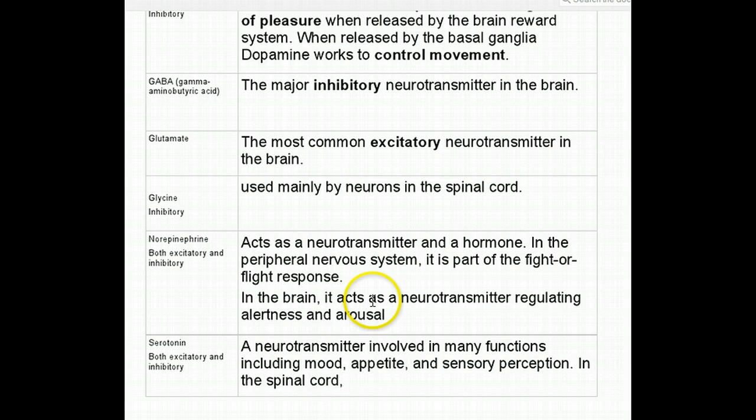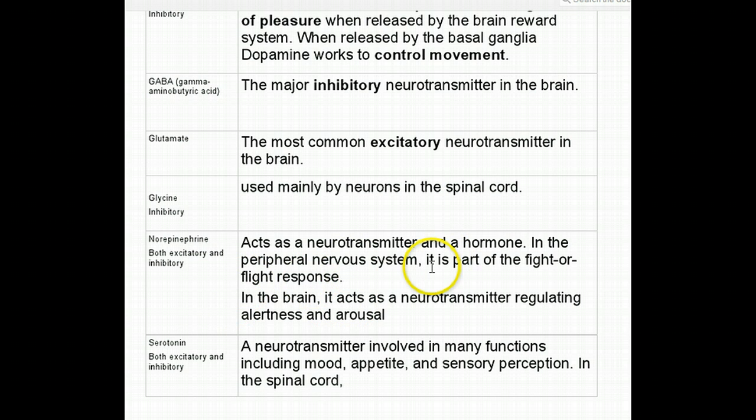Now, you have two neurotransmitters that are both excitatory and inhibitory. Norepinephrine, which acts as both a neurotransmitter and a hormone. In the peripheral nervous system, it acts as a hormone as part of the fight or flight response. Now, we've talked a lot about that.